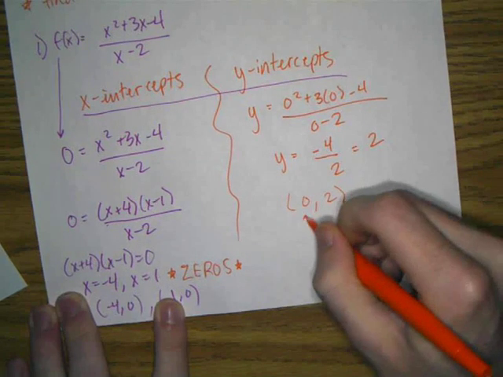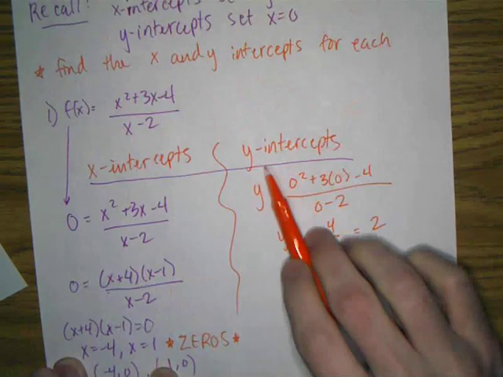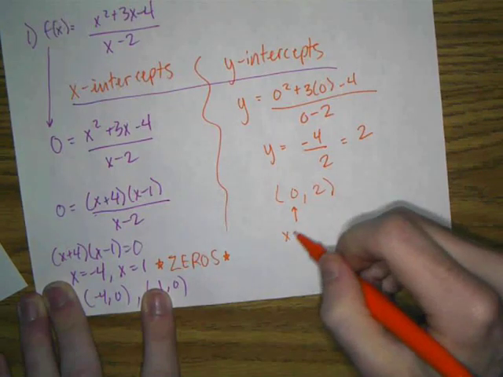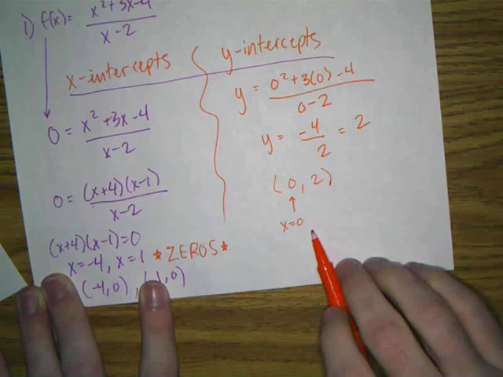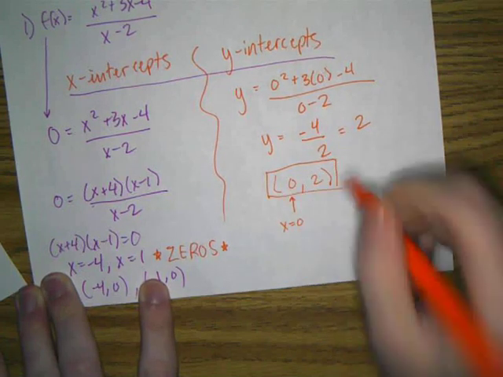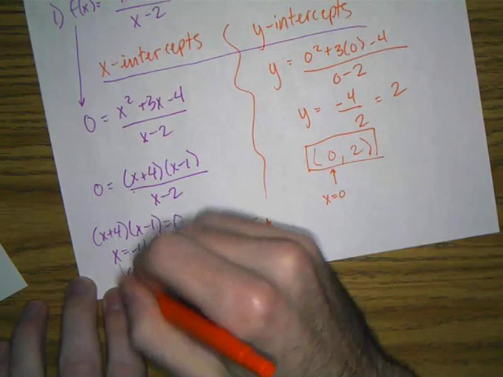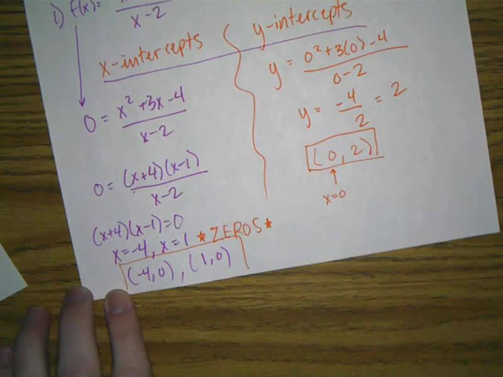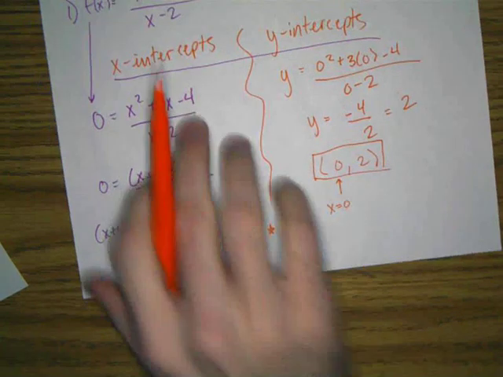Now where did this 0 come from? Remember, to find the y-intercepts we take x and set it equal to 0. Okay? So here's our y-intercept, and here are our x-intercepts, or our zeros.